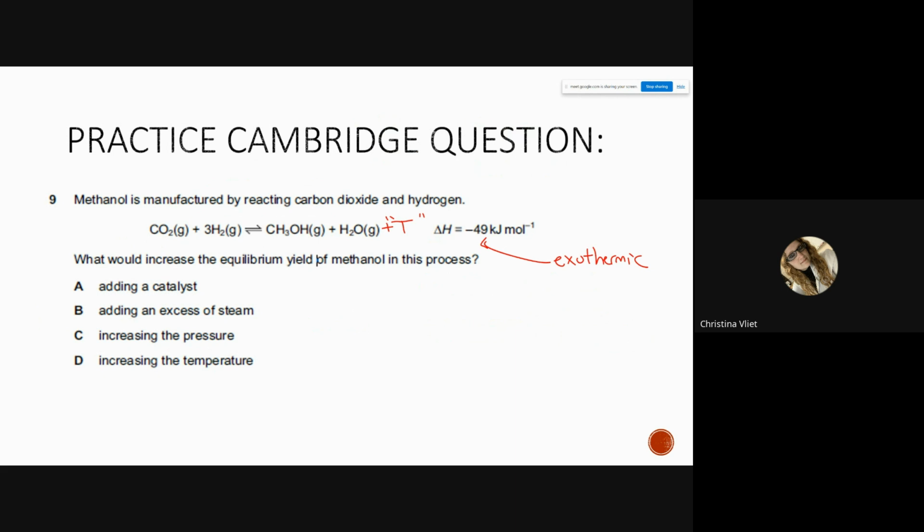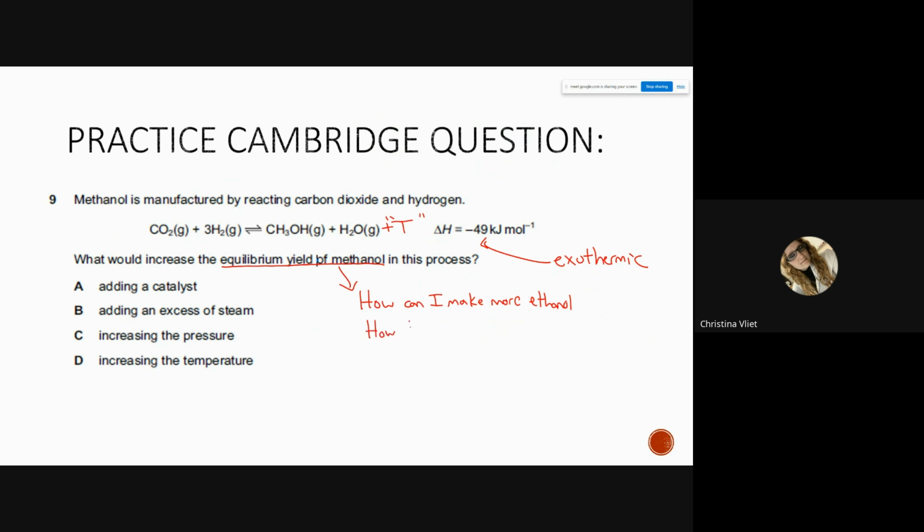So what is this question asking? How can I make more methanol? That's the simpler way of asking this question. And that really means, how can I alter the conditions to shift towards the products, to the right.